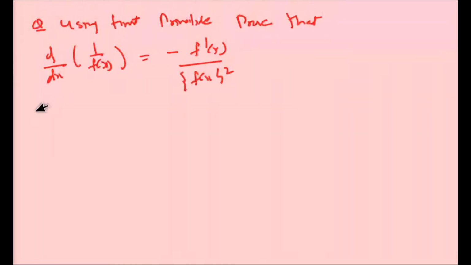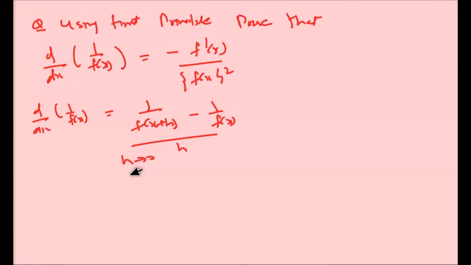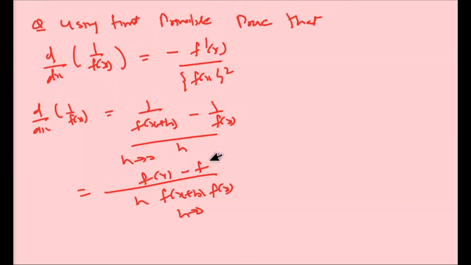So by first principle, d by dx of 1 upon f(x) is, we can write, 1 upon f(x plus h) minus 1 upon f(x), upon h, h tends towards 0. Taking the LCM here, f(x plus h) f(x) h, h tends towards 0, f(x) minus f(x plus h).